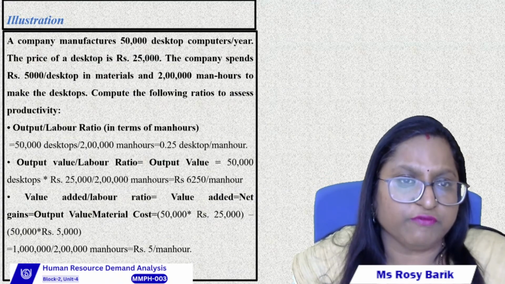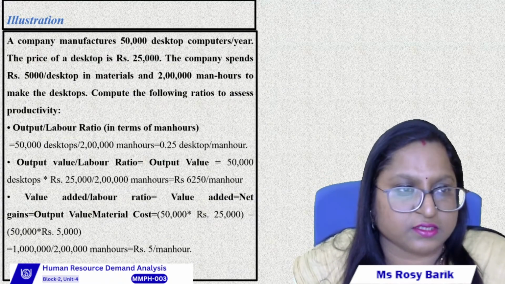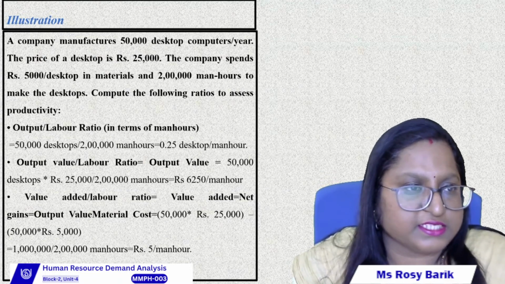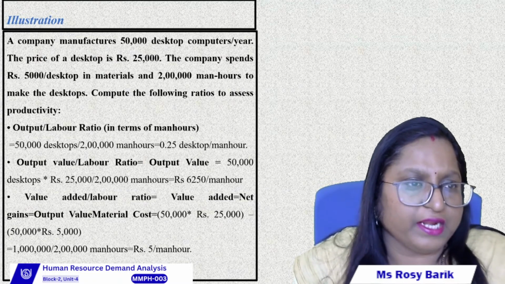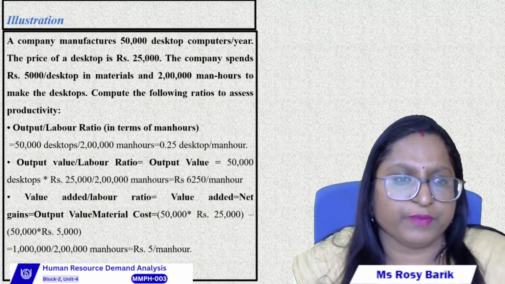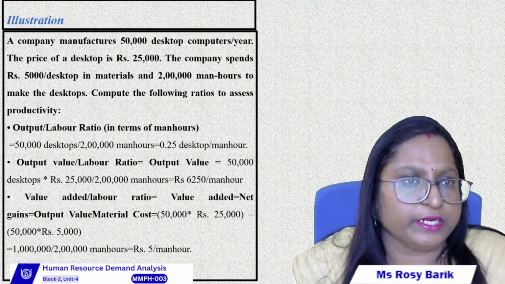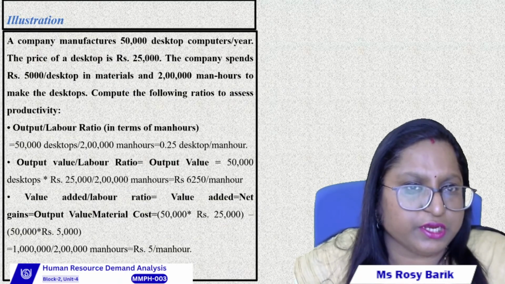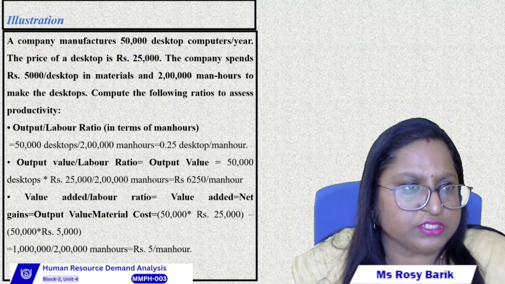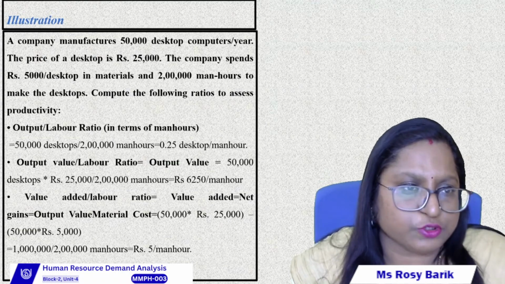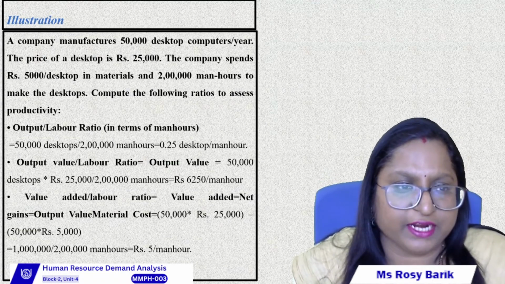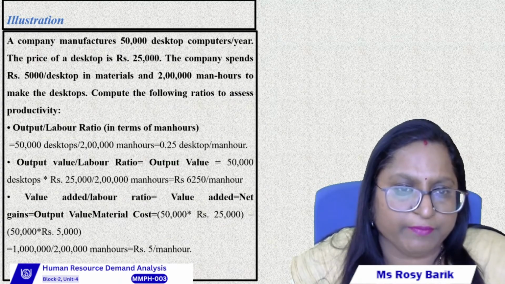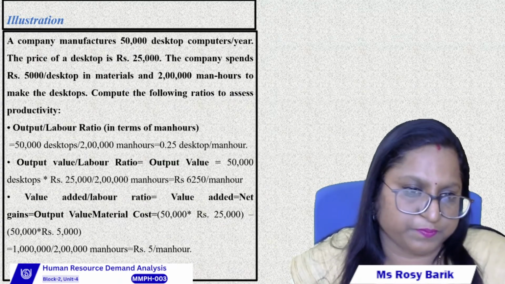So compute the following ratios to assess the productivity. The first ratio is output by labor ratio, in terms of manpower. Output is 50,000 desktops, and the labor is the man hours to make the desktops, that is 2 lakh. So 50,000 divided by 2 lakh is equal to 0.25 desktop per man hour.